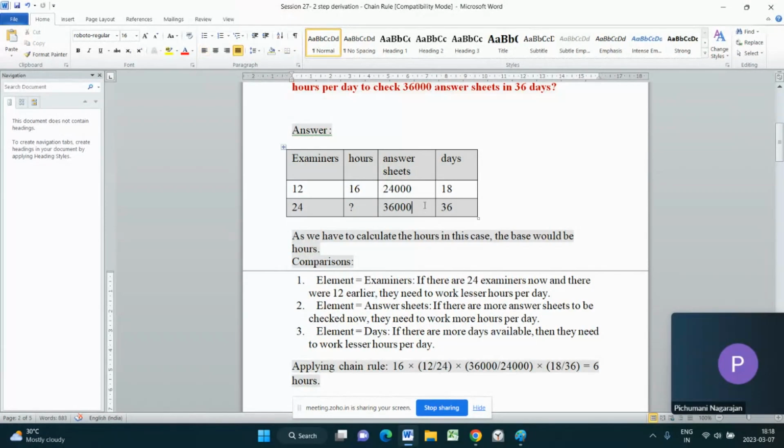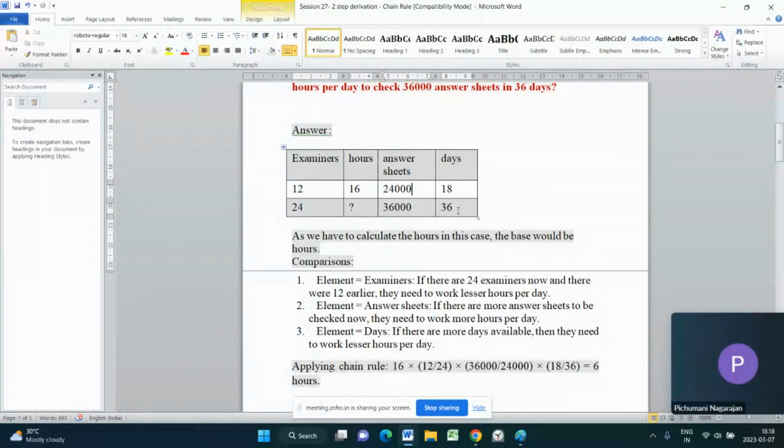When I compare this, I now have more. Earlier it was less, so I should spend more, so I am taking 36,000 as my numerator and 24,000 as my denominator. And for days, there are many here and earlier days were very few, so I am taking 18 by 36.